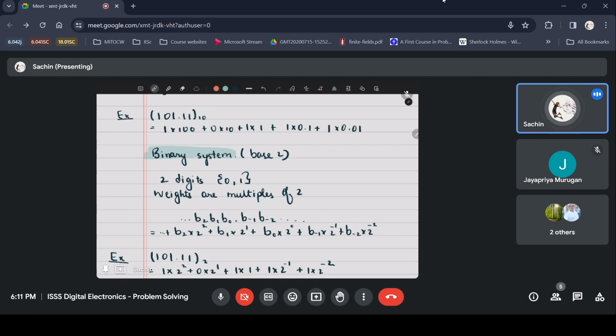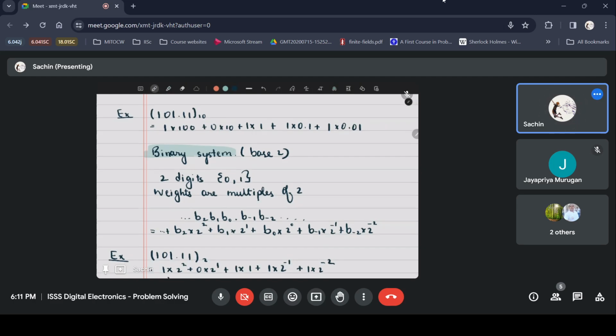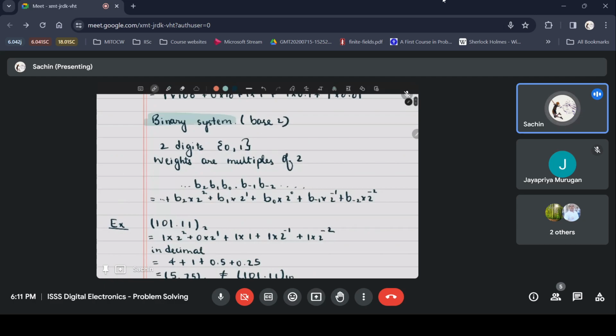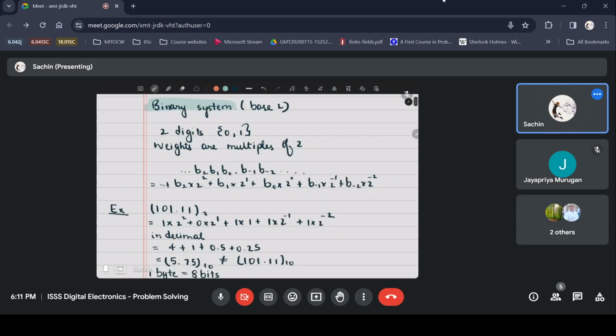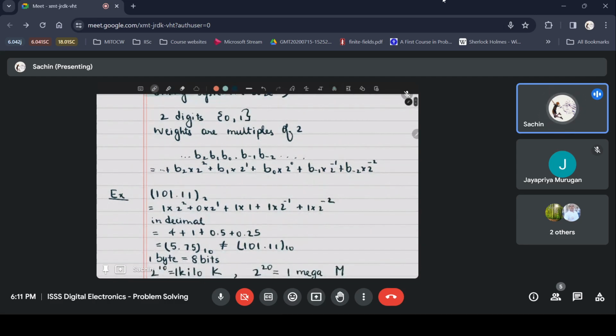The digit immediately to the left of the point is b0, and the digit immediately to the right is b minus 1. So these are the weights in a binary number system: 2 power 0, 2 power 1, 2 square, and to the right of the point it will go as 2 power minus 1, 2 power minus 2.